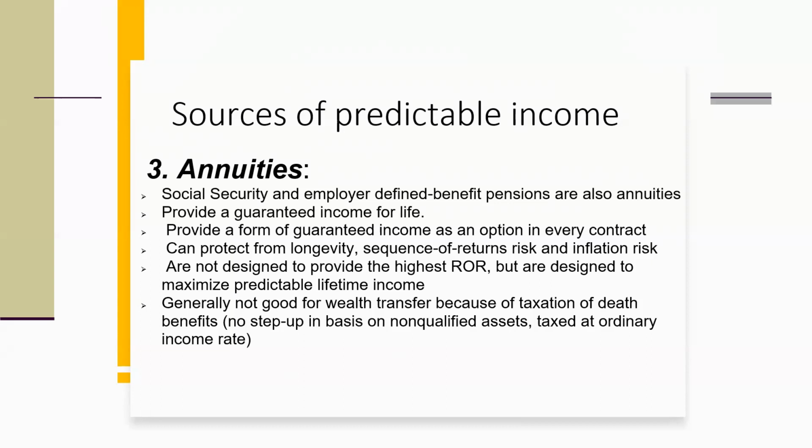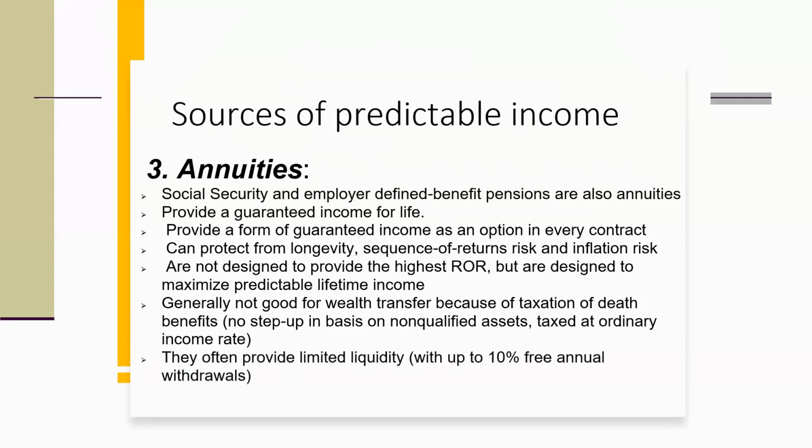Now, I have to qualify that by saying that if you have an IRA, you don't have a tax basis on that asset. There is a 0 tax basis, so it wouldn't make a difference. But if you own non-qualified money that you intended to leave to the grandkids, then an annuity would not be a good choice for you.